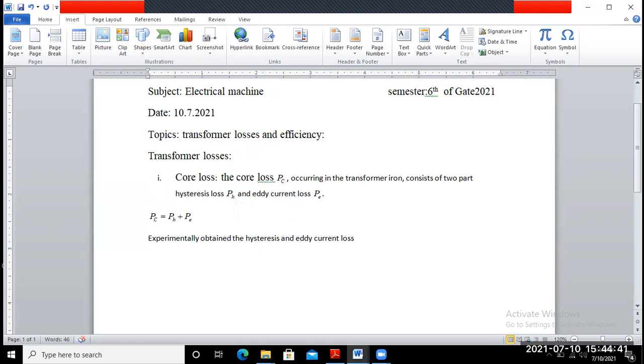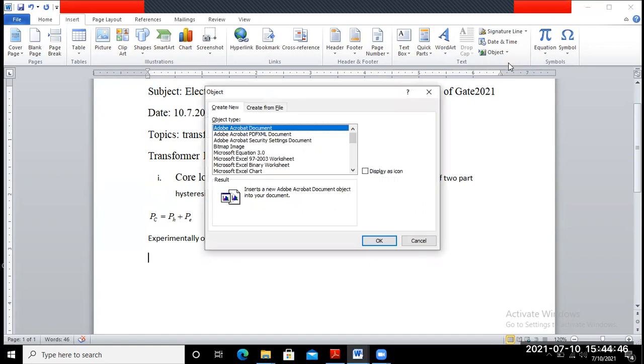So the hysteresis loss, that means P_H, is equal to some constant of proportionality kH, into frequency, into maximum flux density to the power x.